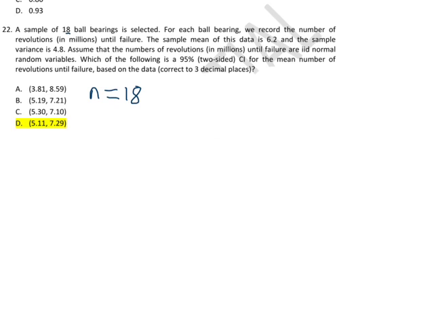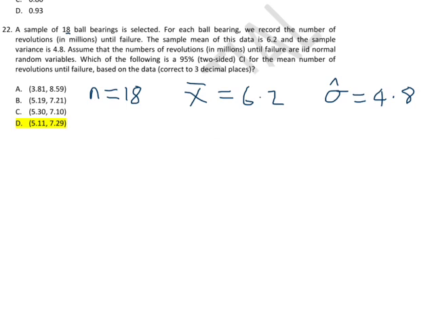The sample mean of this data is 6.2, so x bar equals 6.2. And the sample variance is 4.8, which I think we write as sigma hat. Anyway, the point is it's not the population variance, which is important for which equation we use.